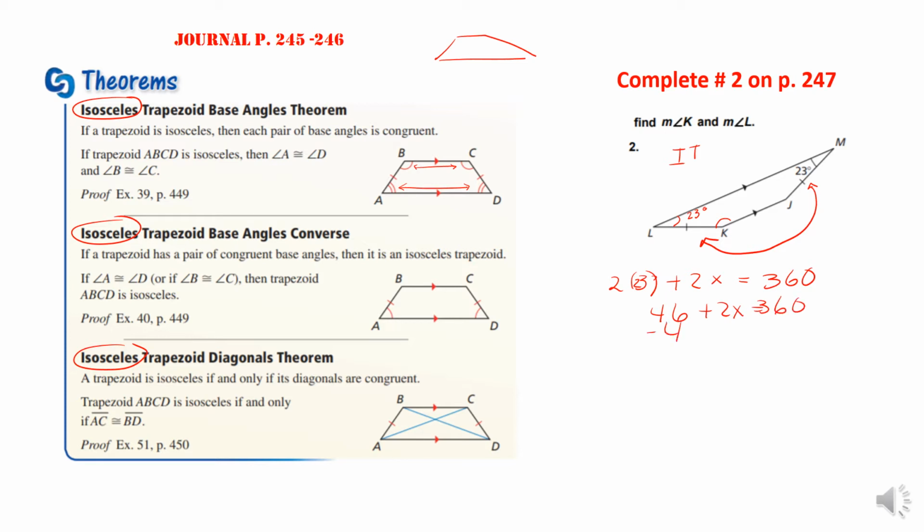I'm going to subtract 46 from both sides. I get 2x equals 314, so x equals 157. That means this angle is 157 and this angle is 157. So make sure you remember that you're talking about two angles and not just one. And it all has to add up to 360.